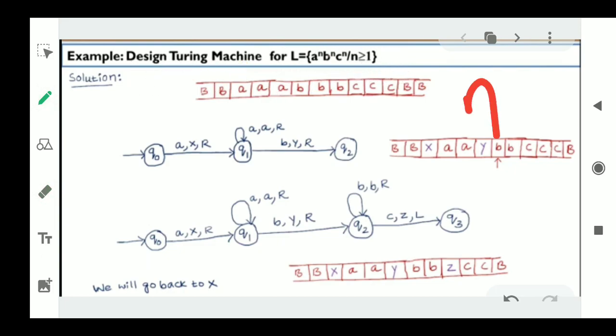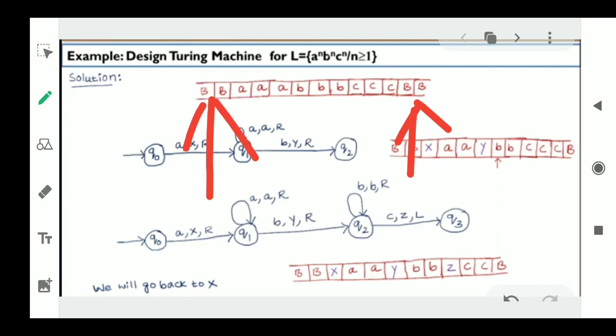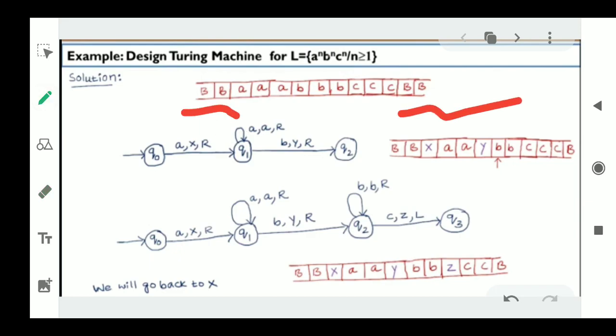Let us consider n value equal to 3. So that's why we have taken 3 a's followed by 3 b's followed by 3 c's. And I told you already, blank symbols will be there. We have taken blank symbols here in the beginning, and also at the end.